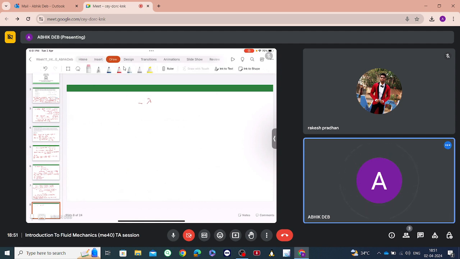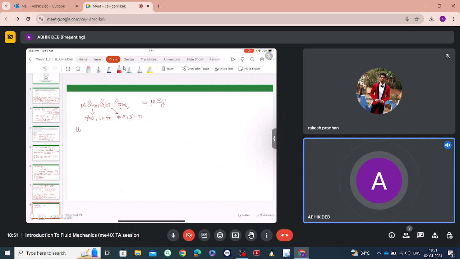Now this one, mu into delta im delta jn and emn. This is not equal to 0 when i is equal to m, and when j is equal to n. So this one will become eij, m will become i and n will become j. So this will become mu eij.